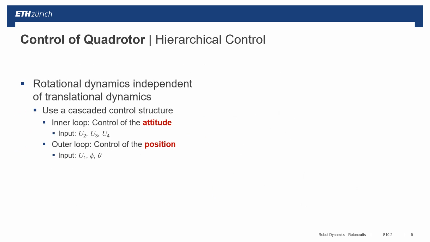With these simplified models, we can now approach the control of our quadrotor. As we can see in the equations, the rotational dynamics is independent of the translation dynamics. So we can actually propose a hierarchical control. So the inner loop of the hierarchical control is the attitude control, which uses the virtual control input U2 to 4 and then controls directly the attitudes in body frame.